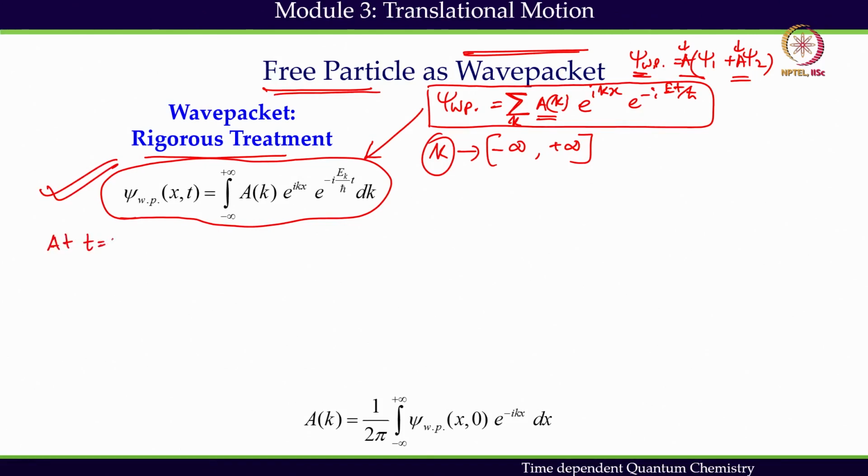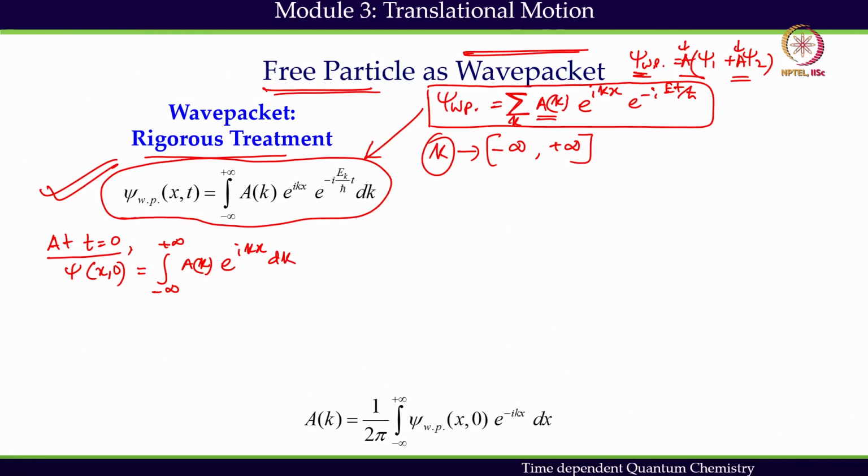At t equals 0, the initial time, when the evolution didn't start, I should have the wave packet ψ(x,0) as the integral from minus infinity to plus infinity of a(k) e to the power i k x. At t equals 0, this time-dependent term will be gone. So I have this equation, and this is integration over k.